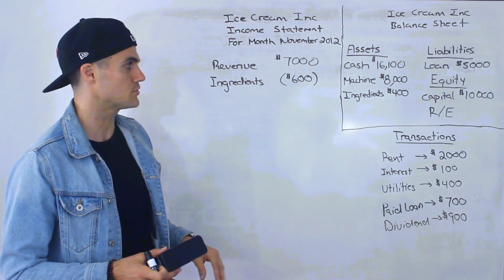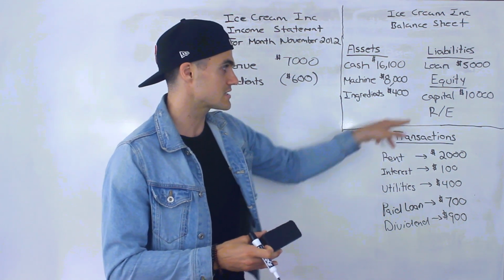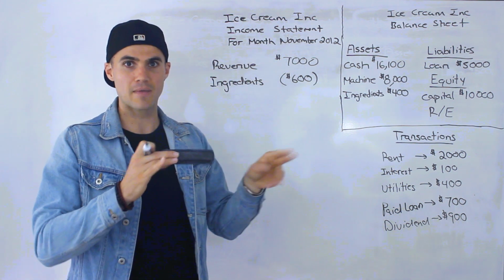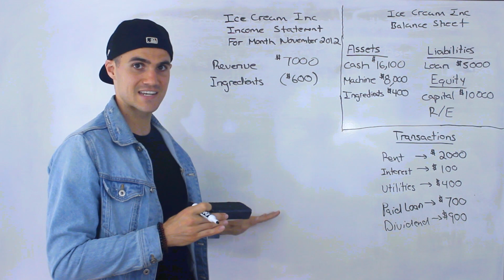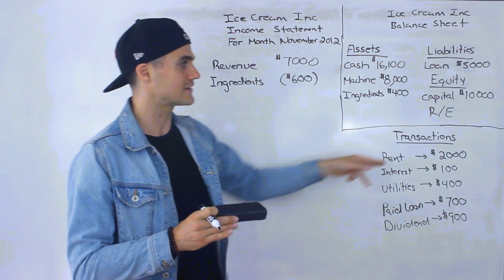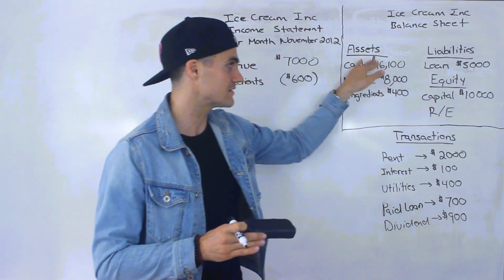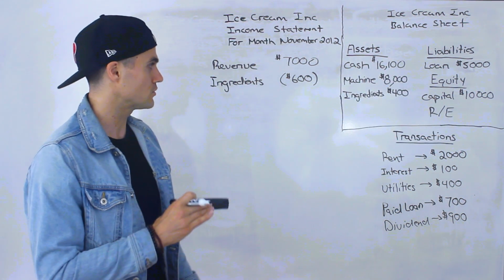Instead of adjusting that retained earnings account after every transaction, I want to get that final amount from the statement and show you how we can indirectly get that number, and it's still going to make both sides balance. I'll show you that in a little bit.